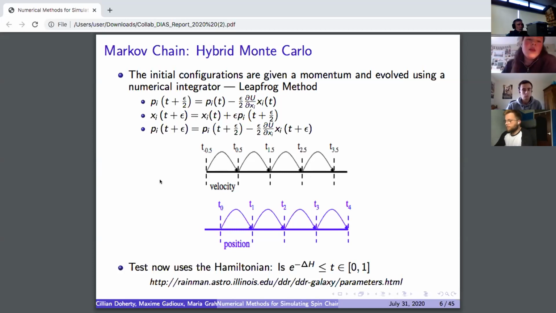And then you carry it out in the exact same way as with the previous model. However, instead of just using the action in the Metropolis test, you now use the Hamiltonian. So it's the difference in Hamiltonians between the two values. But otherwise, it's the exact same.